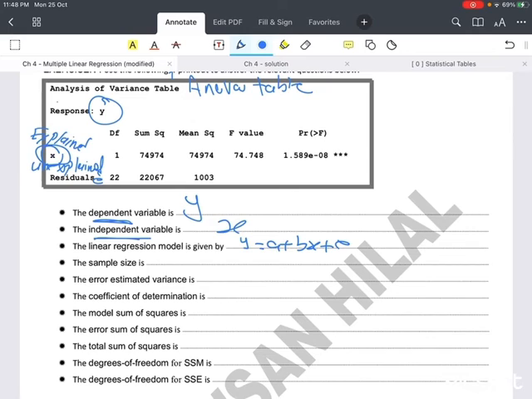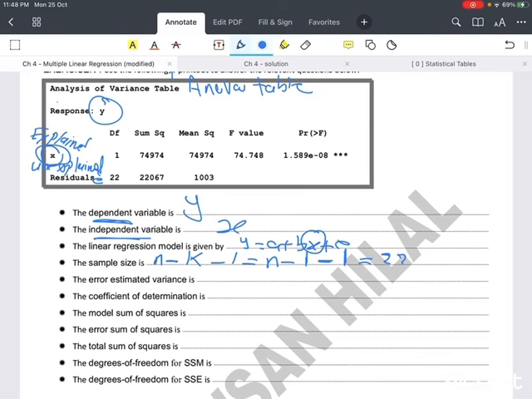So find the sample size. The sample size will be n minus k minus 1. K is only 1, so it will be n minus 1 minus 1, and all of this equals 22.